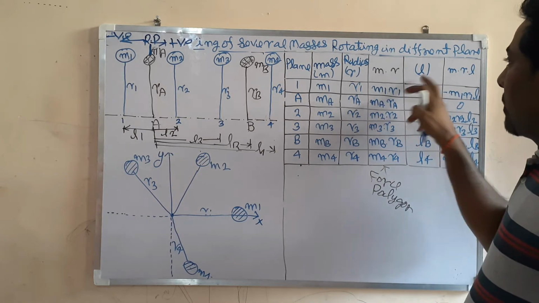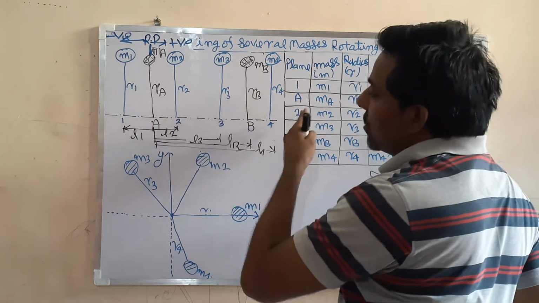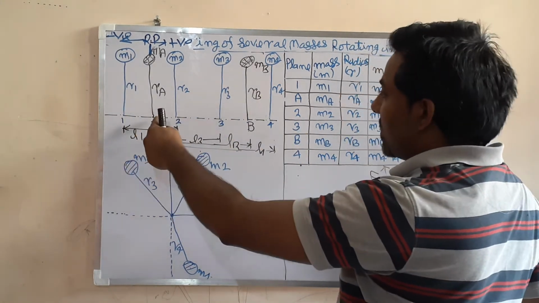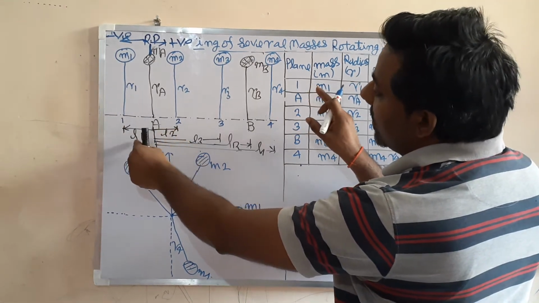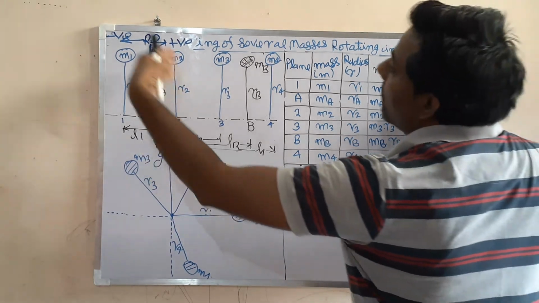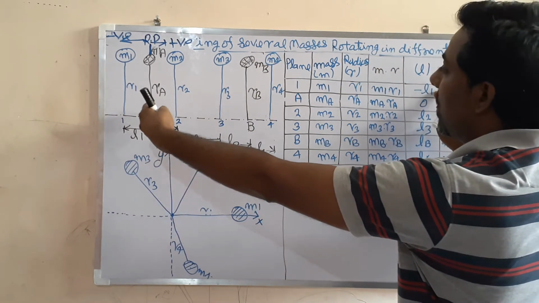Look at the distance of the plane from the reference plane, and which side it is taken. Here it will be taken as positive and here as negative. Plane 1 is at a distance of L1 from the reference plane, but I have taken it as negative because it is left of the reference plane, so this is minus L1.